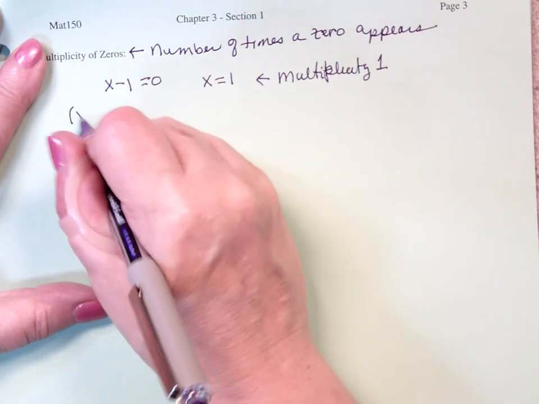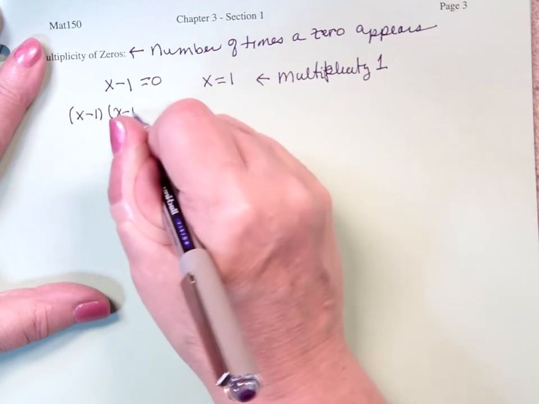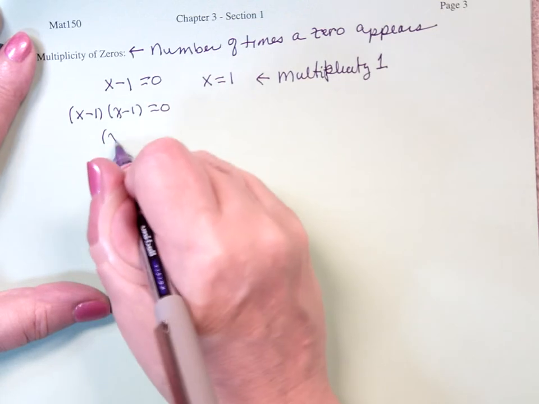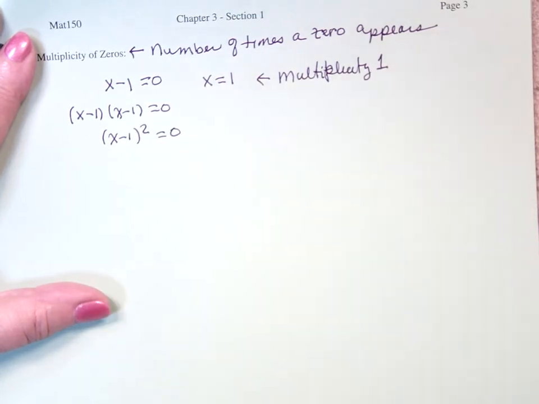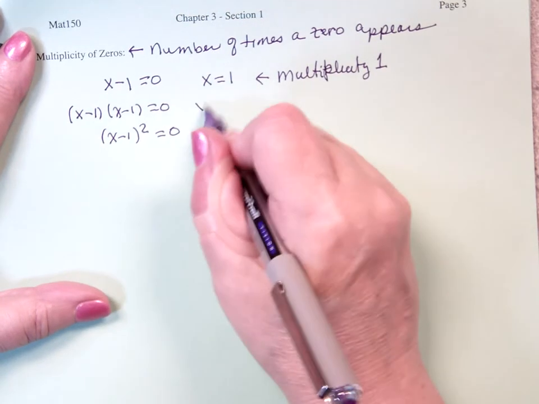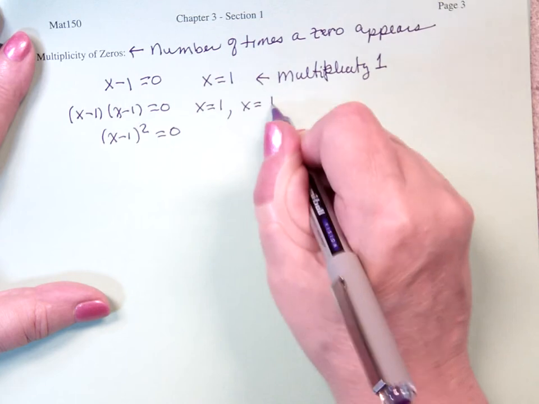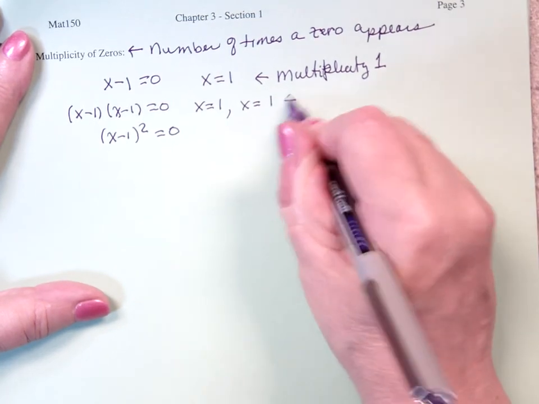However, if I were to look at x minus 1 times x minus 1, which is really x minus 1 squared, this would be x equal 1, x equal 1. This appears twice.